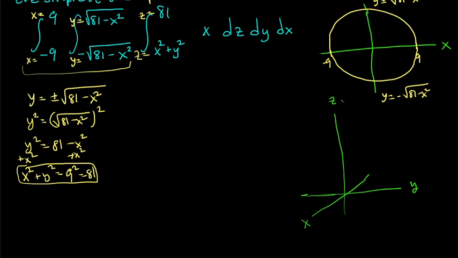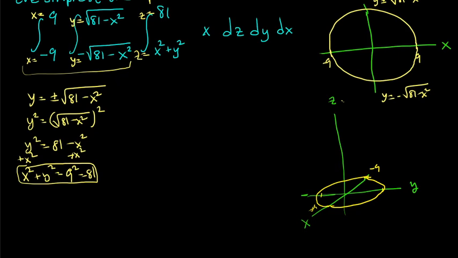So x goes from, let's say, -9 to +9 here, and then y goes from the negative square root, that's the lower half of the disk, to the positive, that's the upper half of the disk. So this circle is just the same as this in the xy plane.